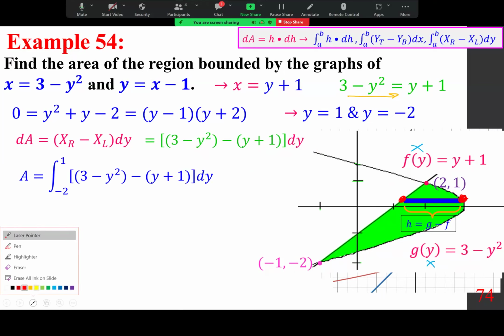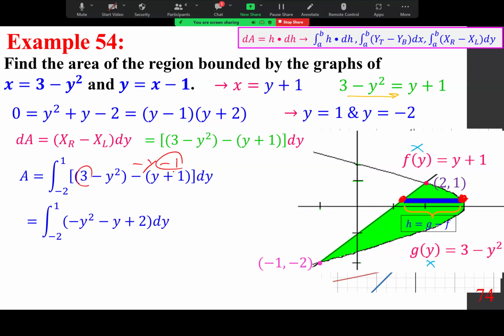Let me just write this as minus y minus 1. And these two add up to plus 2. Negative 1/3 y cubed, negative 1/2 of y squared, plus 2y, evaluated from negative 2 to 1.